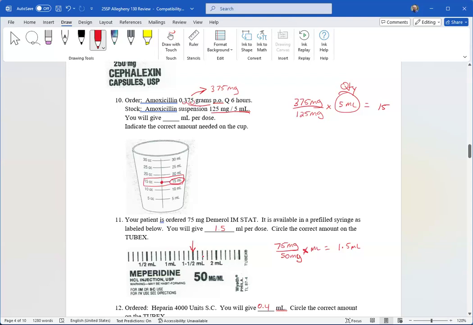But I would just either mark your syringe or mark the cup, circle it. Sometimes they want you to mark the whole thing. I don't think you need to fill it in, but if you feel like you want to, you can. There are a couple different ways you can do that. I would say just circle it or mark it otherwise.